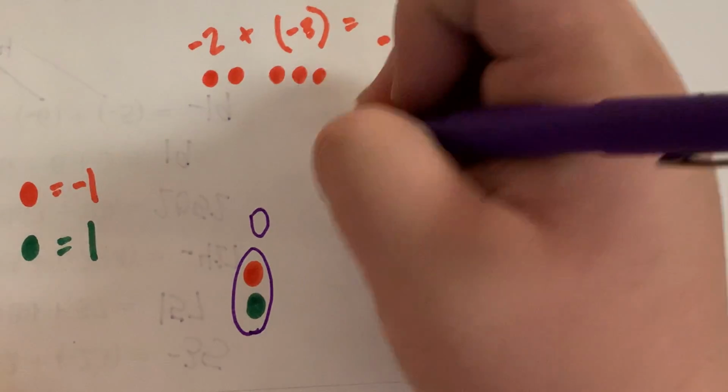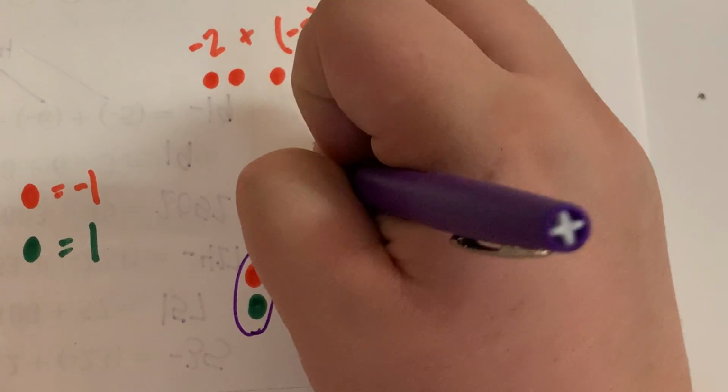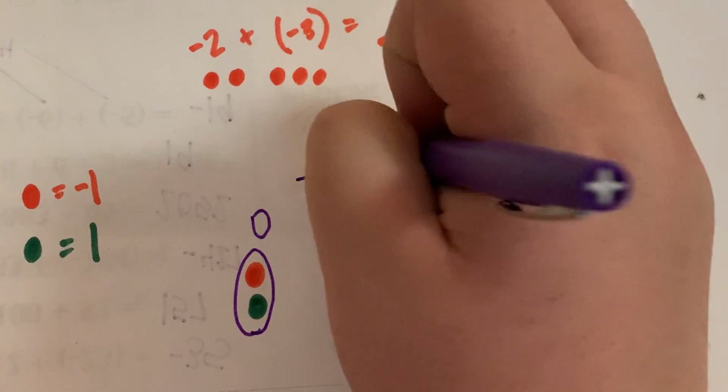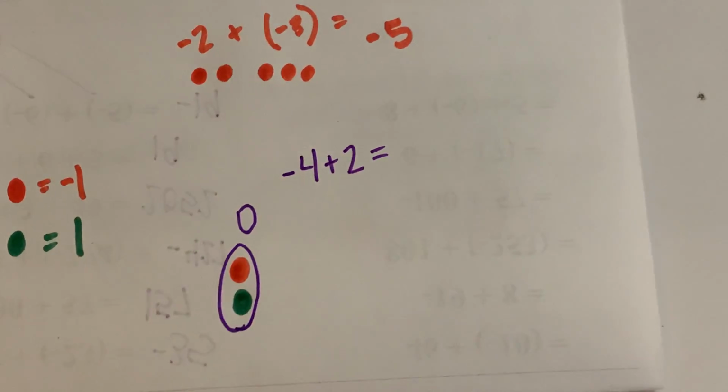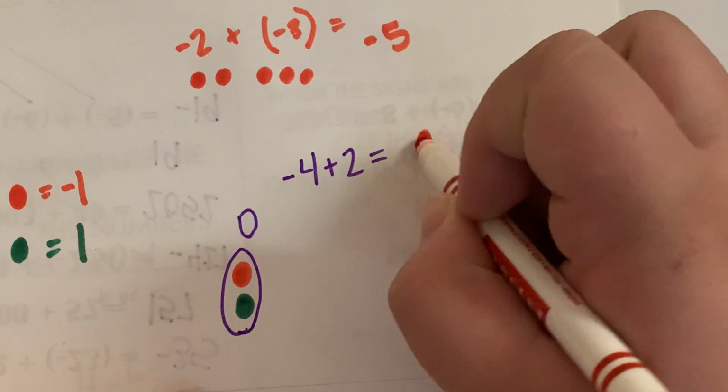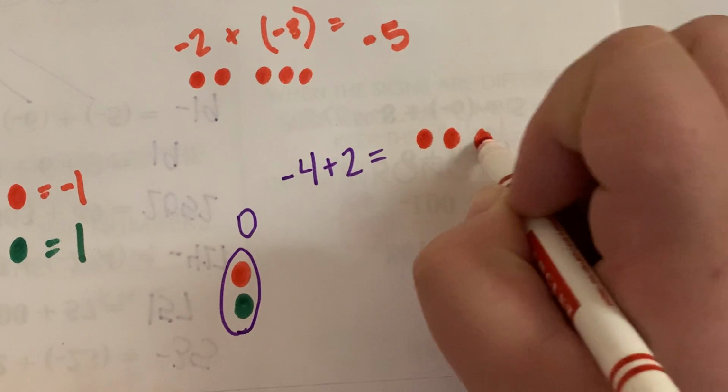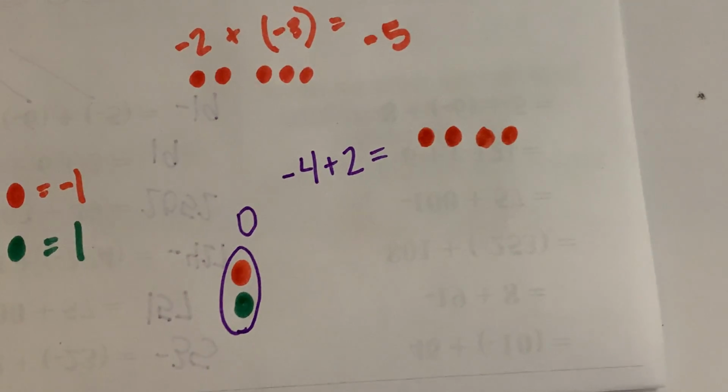Let's look at, we'll say, -4 plus 2. Are the signs the same here or are they different? Different. So let's start with 4 negatives. And we're going to add, which means we're going to put up here 2 positives.